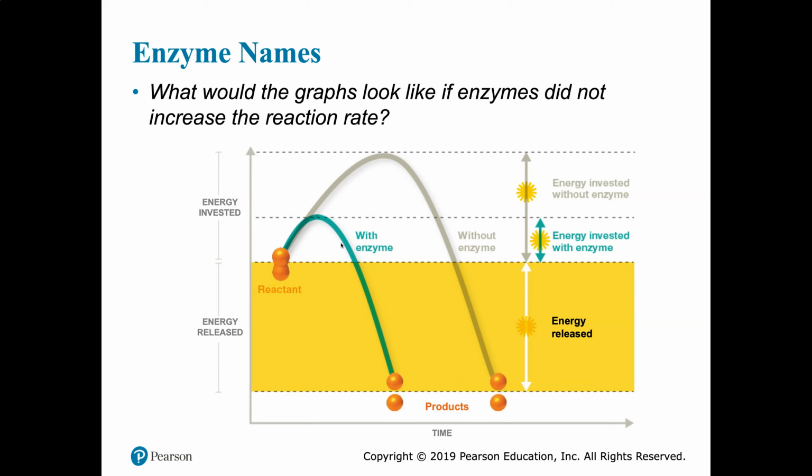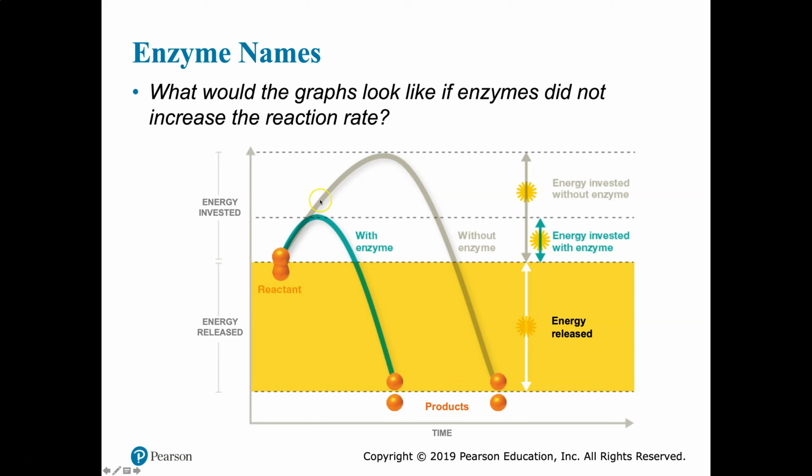The point is, enzymes speed up chemical reactions by lowering the amount of energy required to start that reaction. Let me repeat that. Enzymes speed up chemical reactions by lowering what we call the activation energy, the amount of energy required to start a reaction.